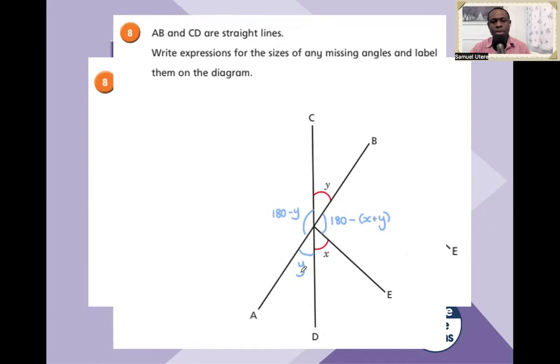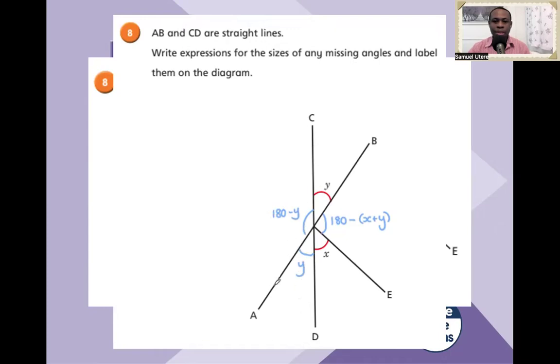Well, you may be wondering why that is the case. I want you to think about a concept we call vertically opposite angles. So don't worry about that yet. You're going to learn it in subsequent lessons. So y should be equal to this angle here because they are vertically opposite.